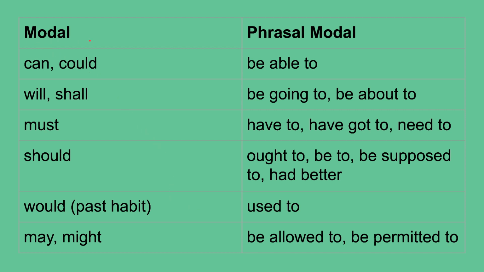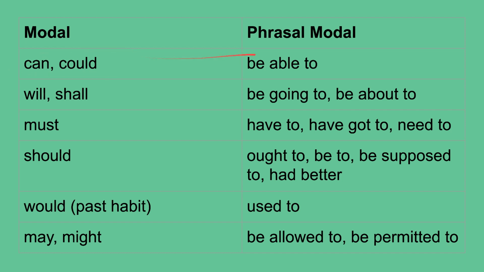Here, this might not be all the modals, but it's almost all of them. So here's real modals on the left. Words like can, could, will, shall, must, should, would, may, and might. And then over here on the right, we have phrasal modals. On the same line, you can see that can and could is used to talk about ability, right?